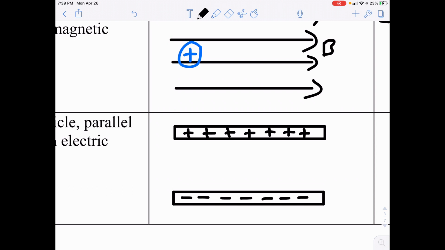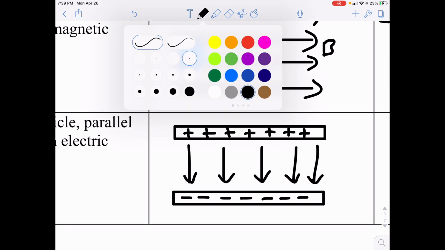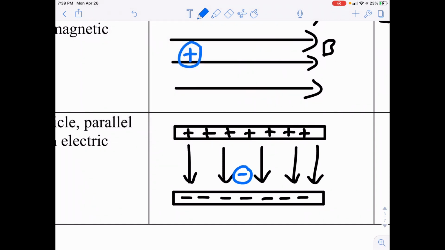And let's say we have an electric field established from high potential to low potential, in this case downward. And let's say we placed a charged particle in the field. It would, of course, accelerate against the field. Positive charges accelerate with the field, negative charges accelerate against the field.